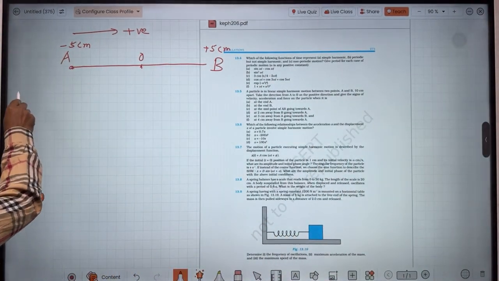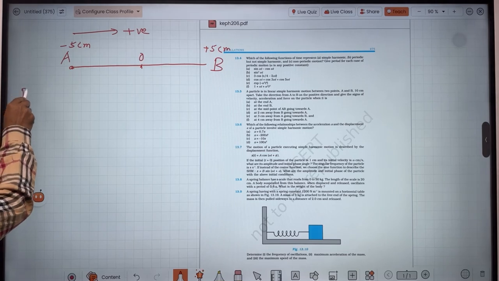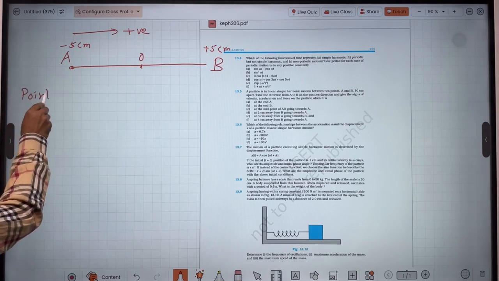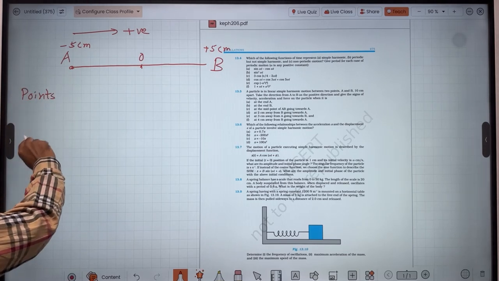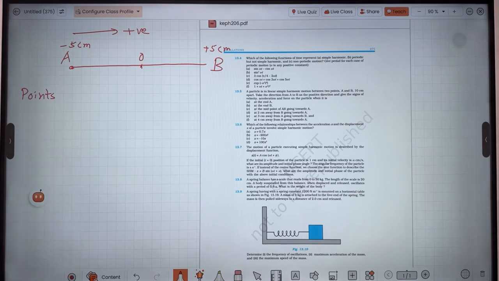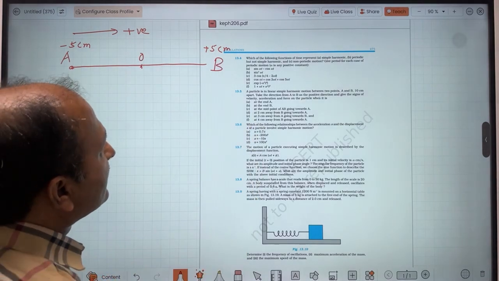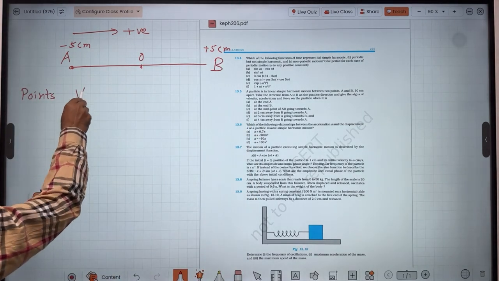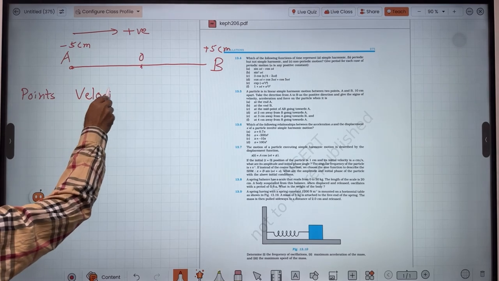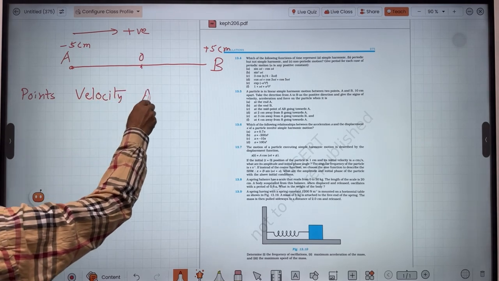Suppose this is case 1, so we write the point. Then we need velocity, acceleration and force.